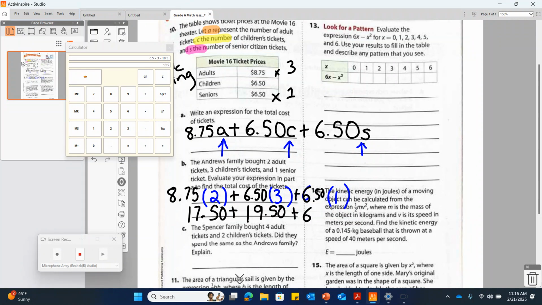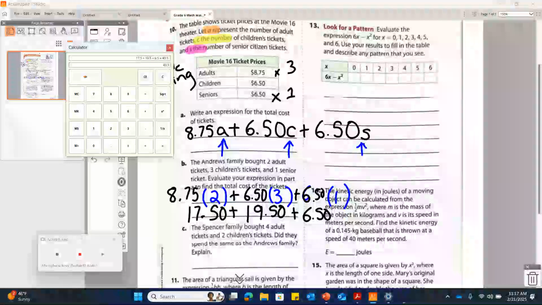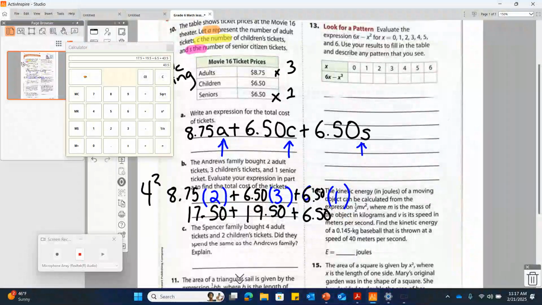I'm going to add all those together. $17.50 plus $19.50 plus $6.50 is $43.50. That is the answer. So again, we have to be able to write the expression. We have to be able to substitute in values. We need to be able to do order of operations to solve. Okay?